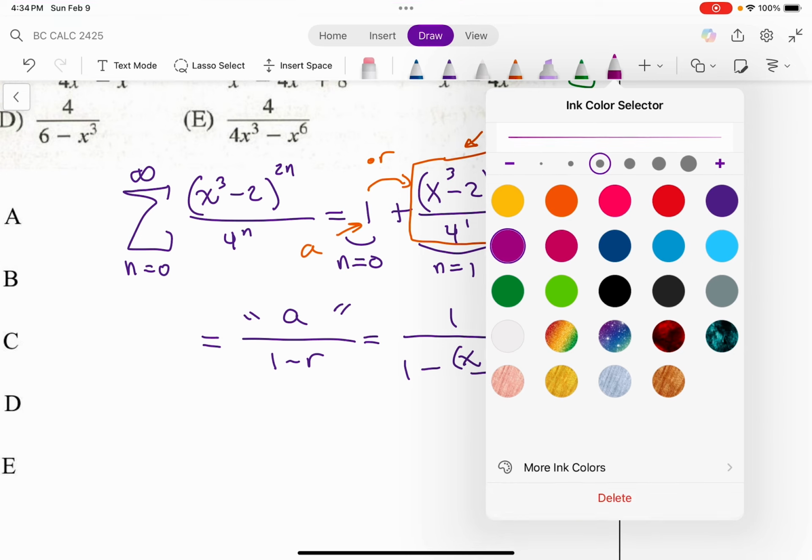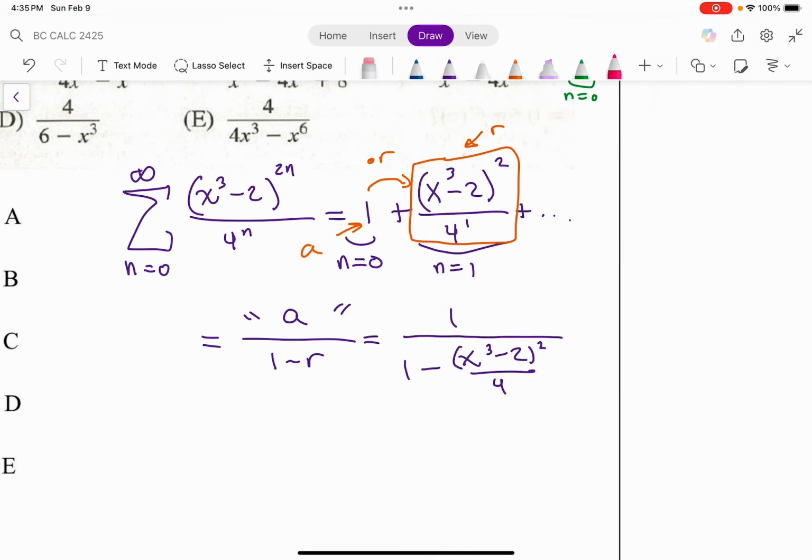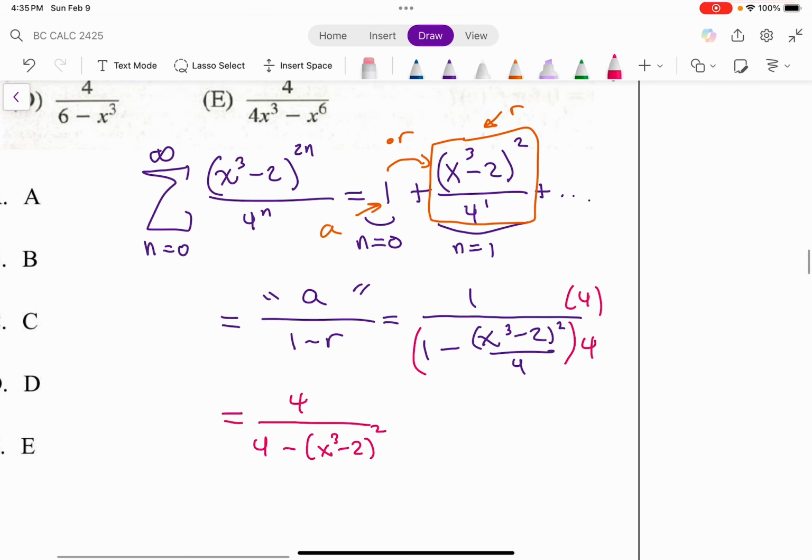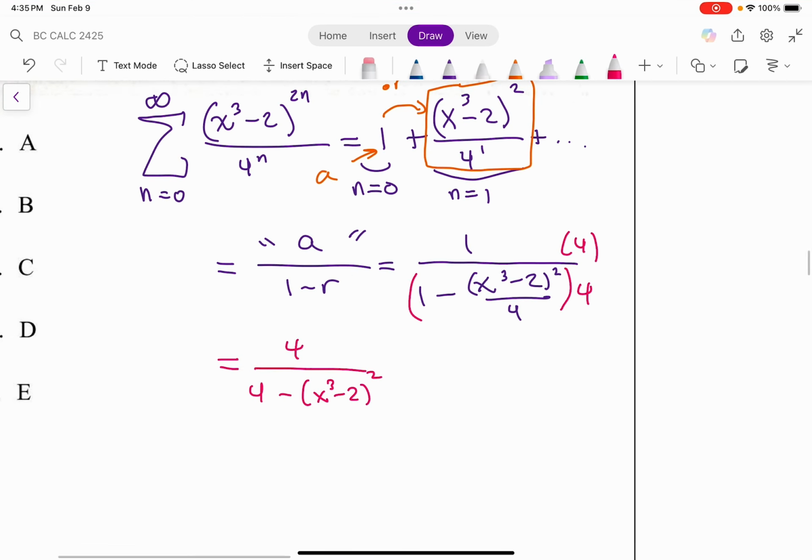So for example, we could multiply the top and the bottom of this fraction by 4. And when we do that, we get 4 over 4 minus the quantity (x cubed minus 2) squared. And again, I'm still not quite seeing my answer choice, so perhaps I clean up the bottom a little bit.